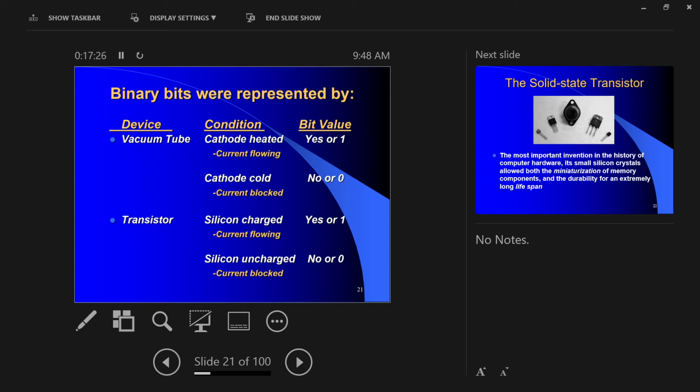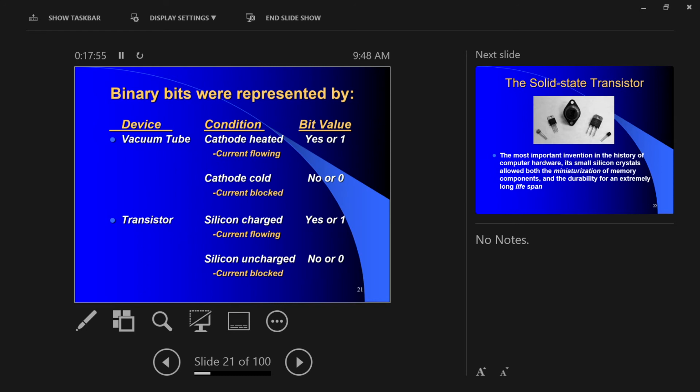So when current runs through the cathode, that's a value of 1 in the vacuum tube. When the cathode current is blocked, that's a value of 0, a bit value of 0, or not on at all. Transistors, when the silicon is charged, that's where we get our on state, our yes or on state or 1 answer, current flowing. The silicon uncharged, 0 or no, or off state.